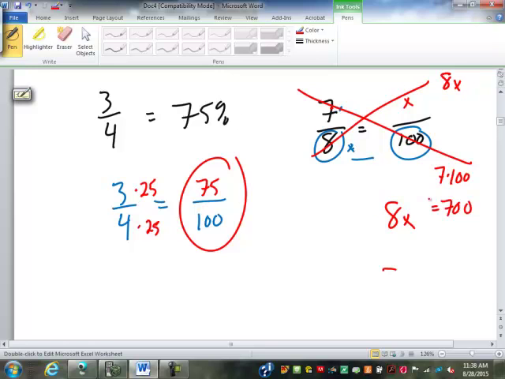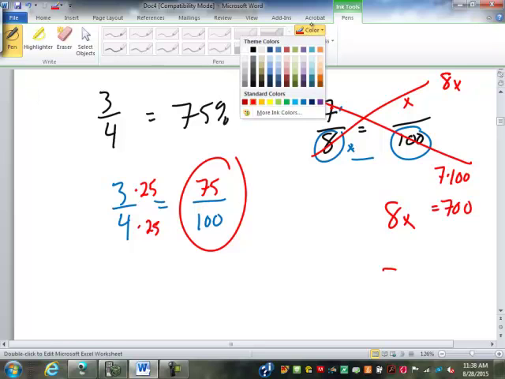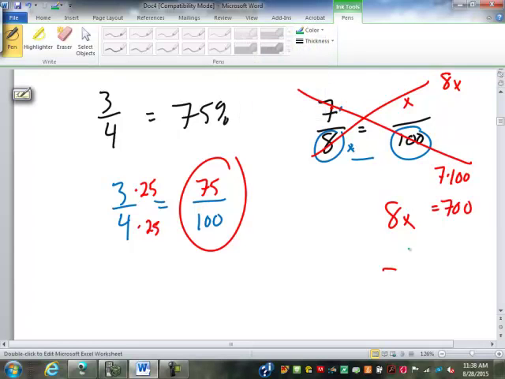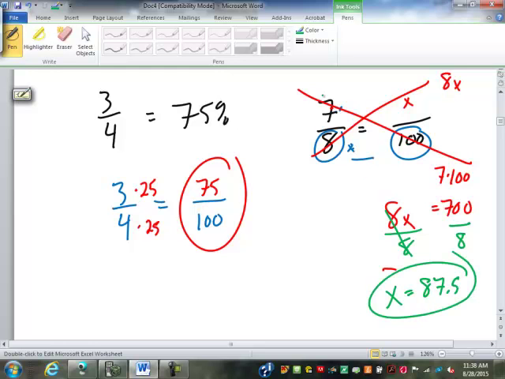Those two cross products have to be equal. So 8x has to equal 700. How do we solve that? Divide by 8. x equals 87.5.